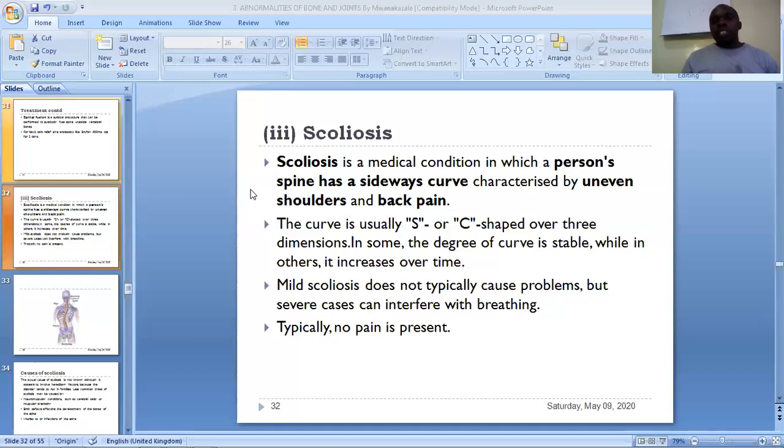So mild scoliosis does not typically cause problems, like I've stated, but severe cases can interfere with breathing. That's why some of them you might even find with breathing difficulties. Otherwise, in mild cases, there is no pain present.